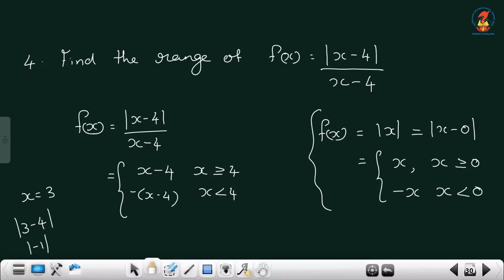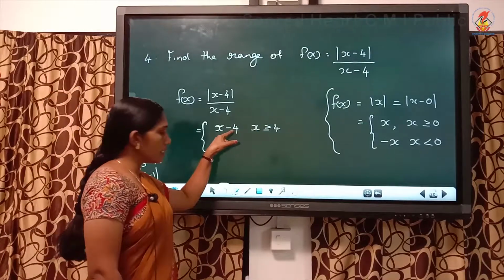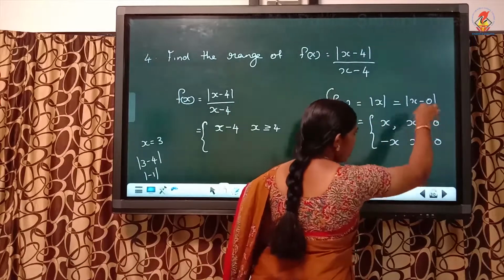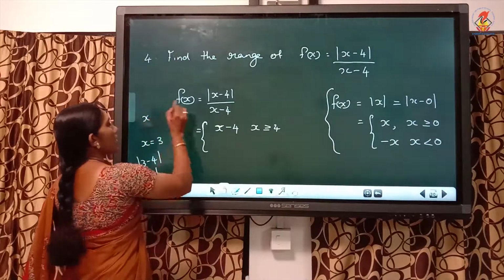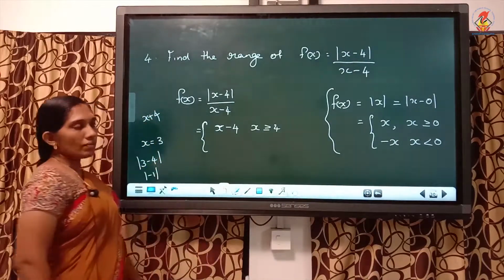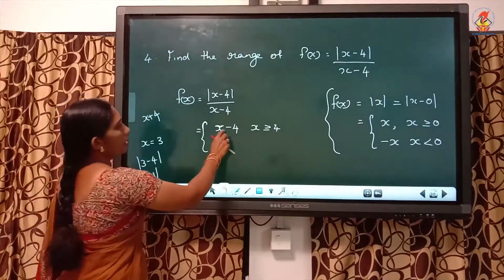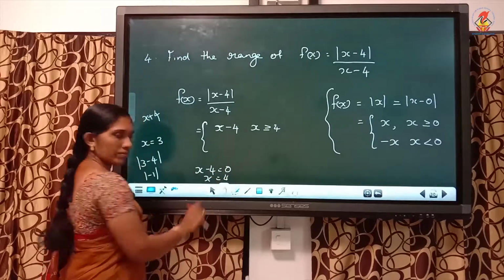But we have a denominator, that also we have to write. So modulus x minus 4 is x minus 4 itself if x is greater than or equal to 4, using this number. Here mod x means x minus 0, that is why we define it like that. And suppose it is x plus 4, then how do we define it?